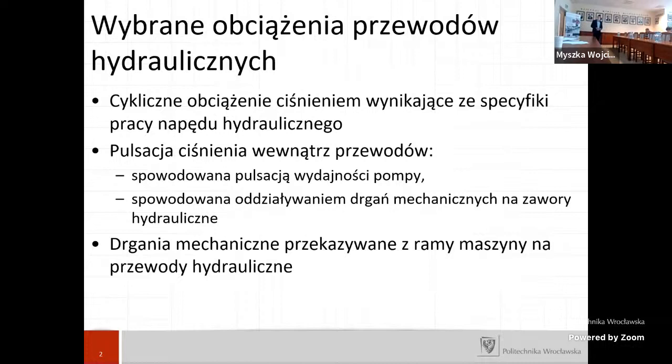Dodatkowo możemy mieć pulsację ciśnienia wynikającą z oddziaływania drgań na różne elementy hydrauliczne, w szczególności zawory. Ostatnie to drgania mechaniczne przenoszone z ramy, z całej konstrukcji, na przewody hydrauliczne.